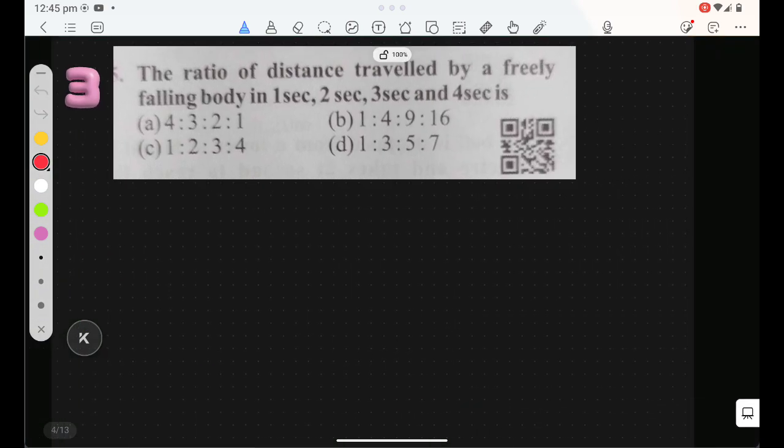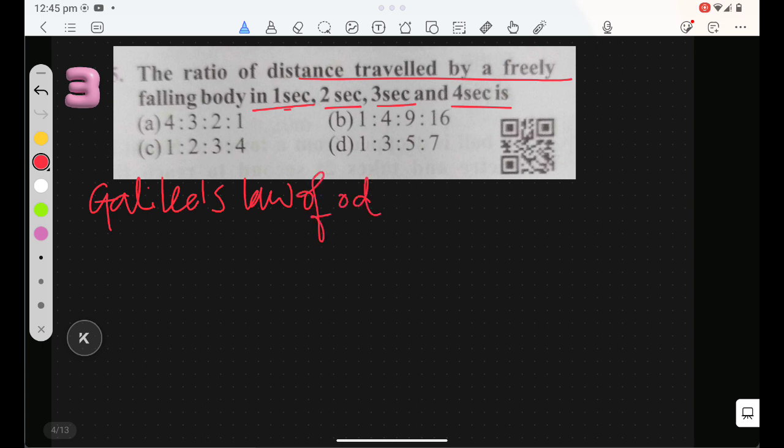Moving to the next question, the ratio of distance traveled by a freely falling body in 1 second, 2 second, 3 second and 4 second. Using Galileo's law of odd number, you can solve this.